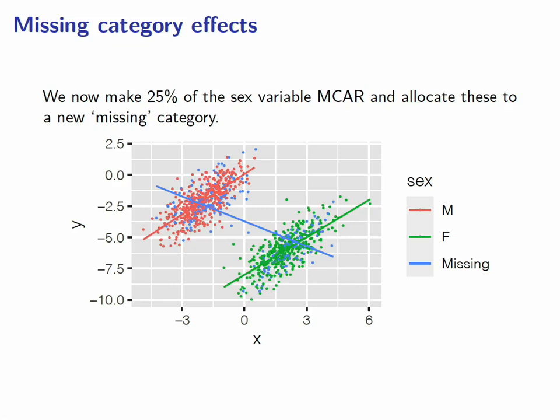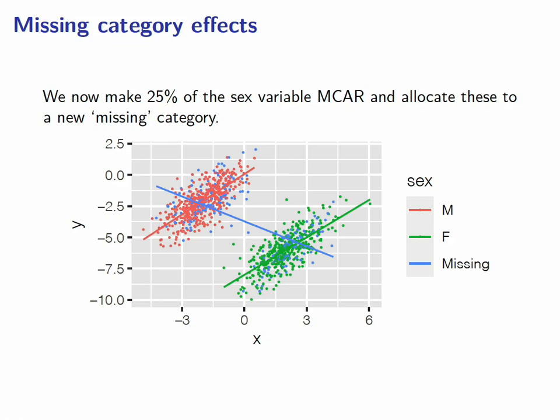And in the missing category, we don't know what the sex is of the individuals. We've lumped together some men and some women. And so the estimate for the relationship between y and x in this missing category is a biased estimate of the relationship between y and x after adjusted for sex.